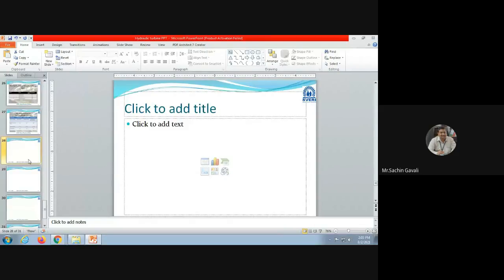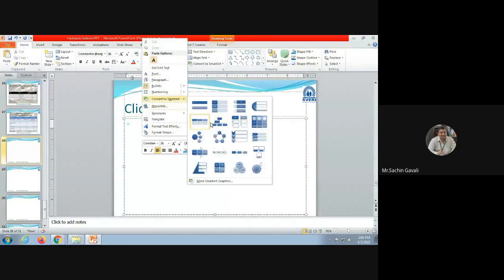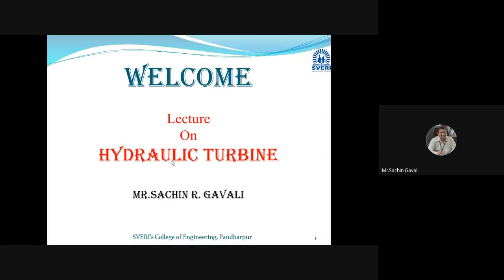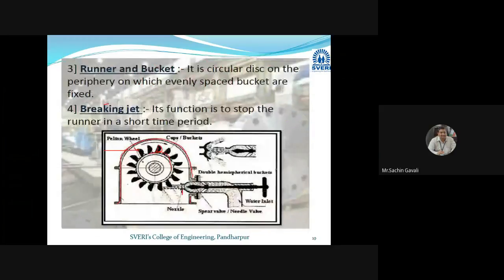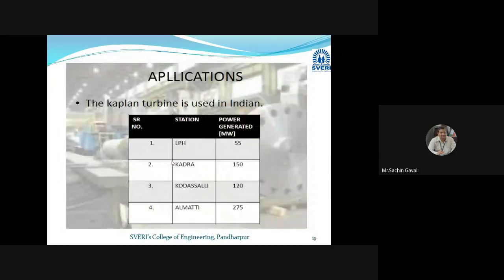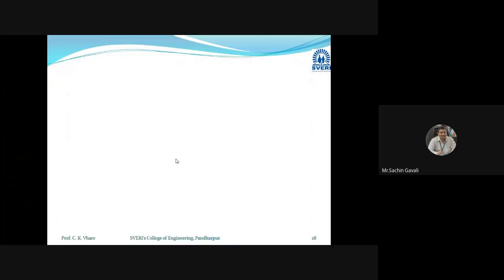Now henceforth we have to draw with me. In general, we have to draw the velocity triangle. Already we have learned it in steam turbines, but still, if there are doubts, you can write in the message box and we can ask, otherwise we will proceed to the velocity triangle.